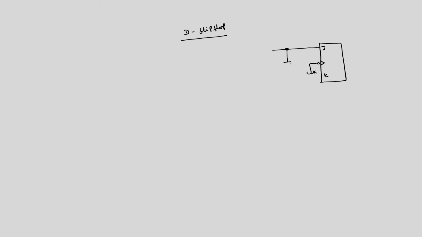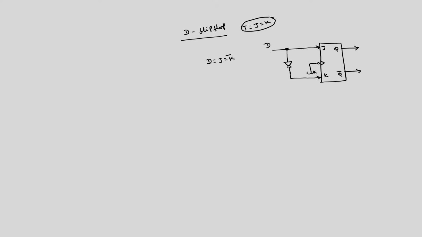Between J and K, if I connect a NOT gate inverter, you will get D flip flop. This will be D input. This is Q and Q complement. So, D is equal to J is equal to K bar, whereas in the previous case T is equal to J is equal to K in case of T flip flop.